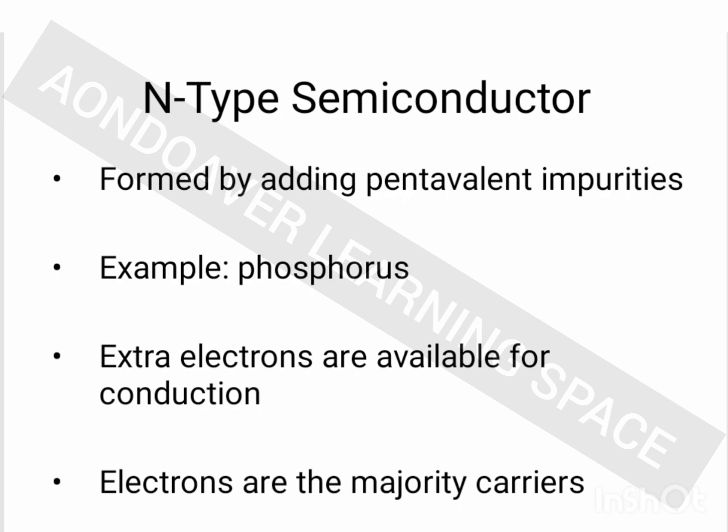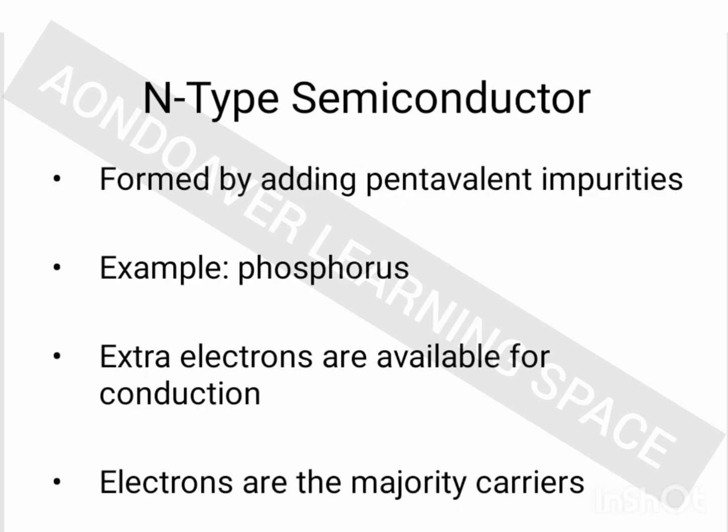So when the semiconductor and this pentavalent impurity undergo bonding, they will pair electrons. Pentavalent impurities have 5 electrons at the outermost shell.